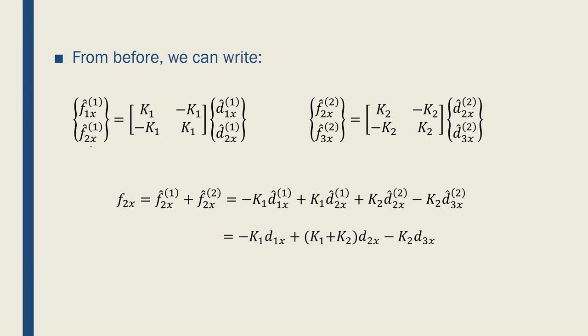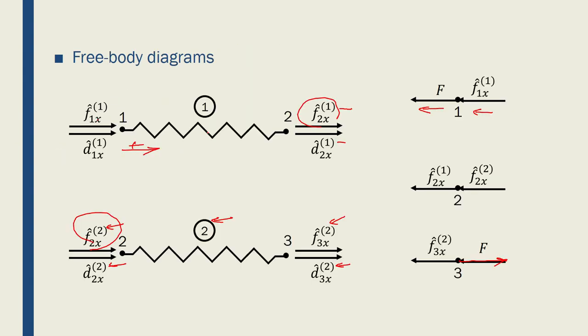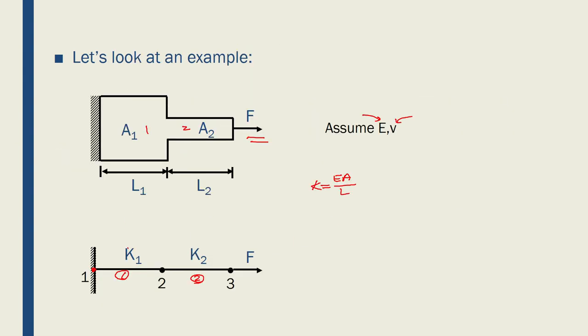Now, from before, we saw this equation in the local coordinate systems. So if I have F1x1 hat, F2x1 hat is equal to [k1, -k1; -k1, k1] times d1x1 hat, d2x1 hat. Again, these x1s are from here, so k1. And for the second one, we have k2, and the nodes are node 2 and node 3.